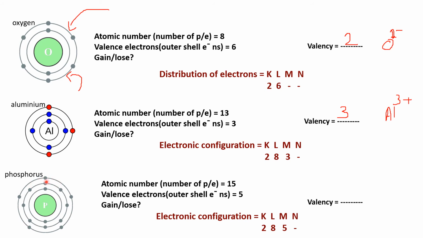One way is this phosphorus atom leaves 5 electrons to any other atom, or the phosphorus atom has to take 3 electrons. So in the case of phosphorus, both ways they are doing it to complete the octet. So the valency of phosphorus is sometimes 3 and sometimes 5. So sometimes positive ion and sometimes negative ion. Got it?